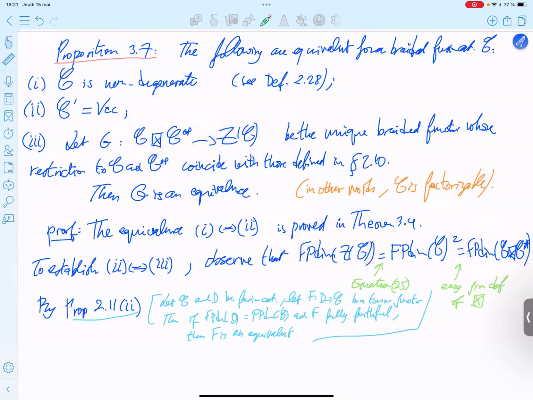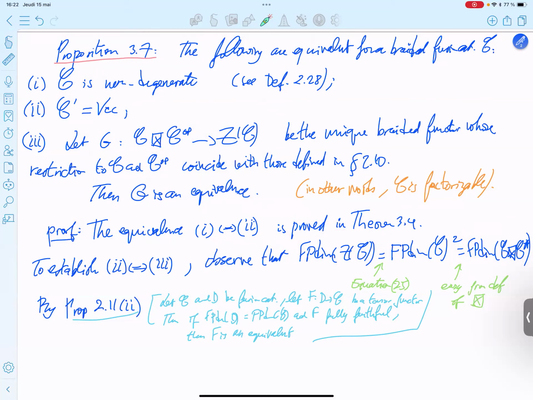So we only need, so this is equivalent to proving G to be fully faithful.